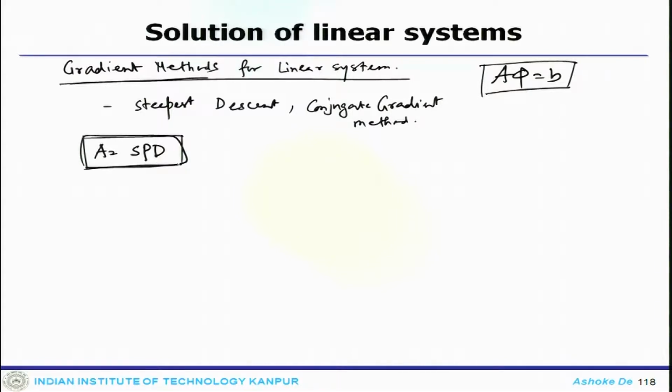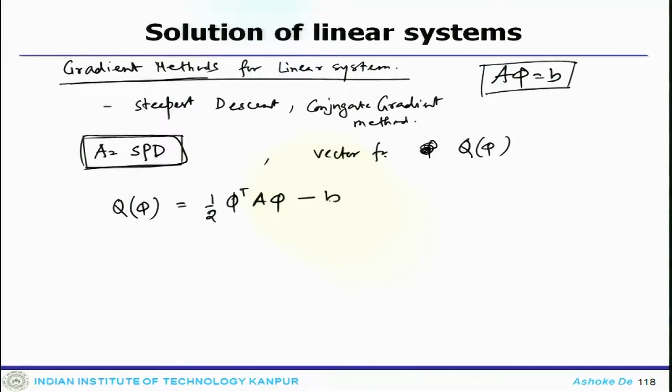So, what you can do is reformulate the minimization problem by using a vector function like capital Q of phi, which can be written as Q phi equals half of phi transpose A phi minus B transpose phi plus small c.